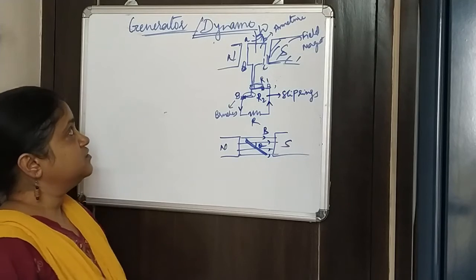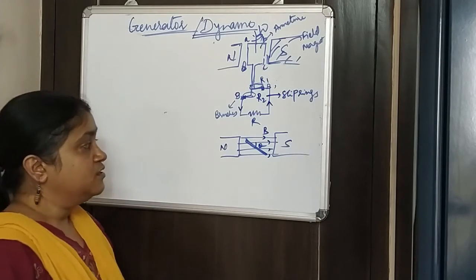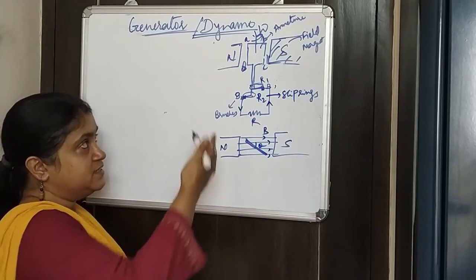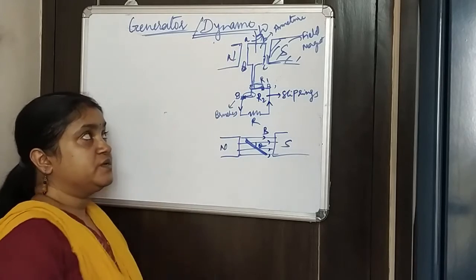Now coming to the theory of this AC dynamo or the generator, as we have already seen, this armature ABCD keeps on rotating.